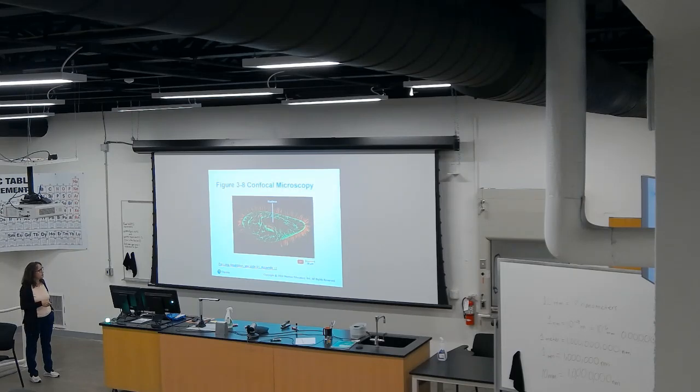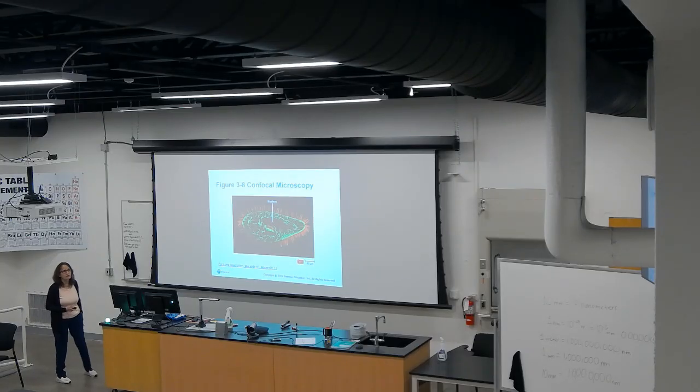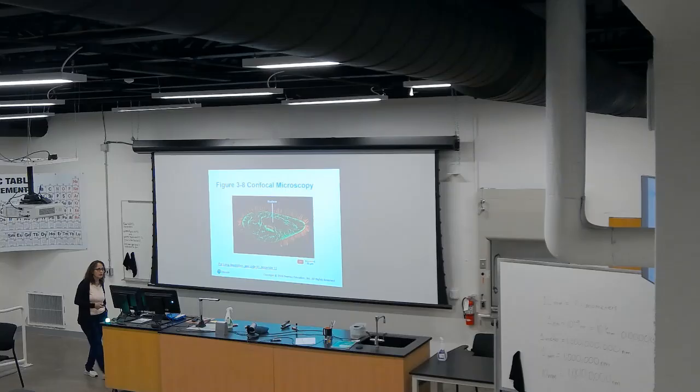In this case, the nucleus is not stained, but they have stained this cytoskeleton with green fluorescence, and then the pili with red fluorochromes. So it is the same paramecium, but now with a more sophisticated microscope. Okay, so it's time to stop.